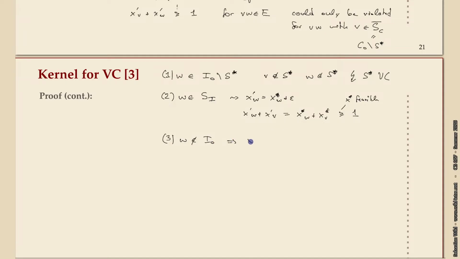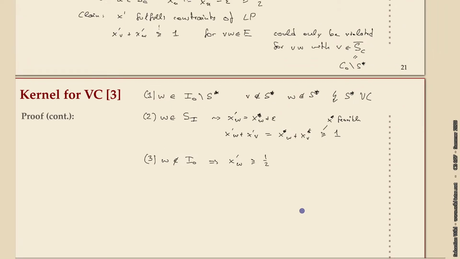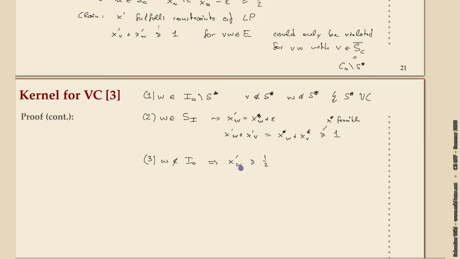That means its value is greater or equal 1/2, because it either was before or even further increased, but it certainly was not in this set I0. So previously it had a value of 1/2, and we don't subtract anything from it.